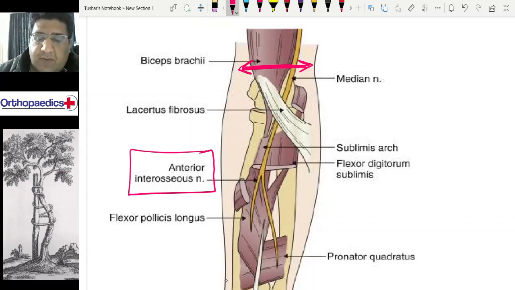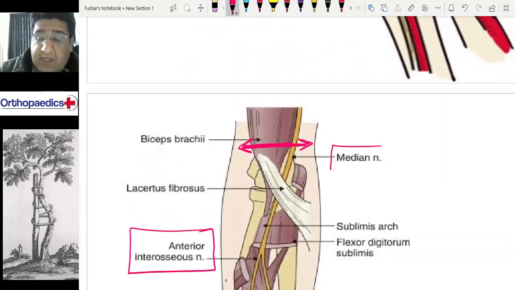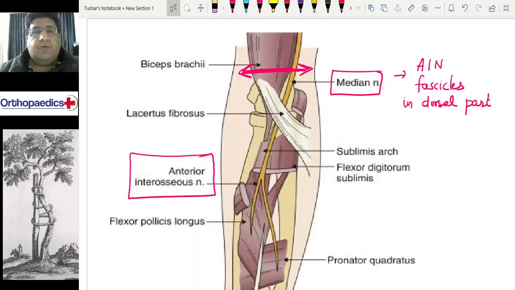You have to understand that when we talk about the median nerve crossing the elbow, the median nerve has certain anterior interosseous nerve fascicles which are basically in the dorsal part of the nerve. This is a fact that I want all my students to know.